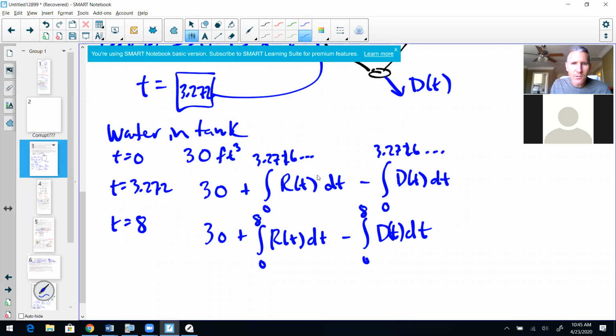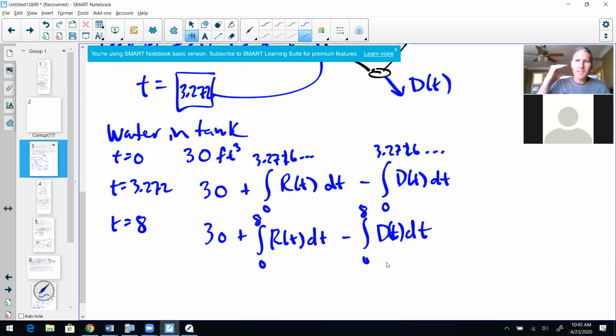This is how much water entered the tank, because R of t is the rate at which water is entering the tank, so the integral from A to B of that is how much water entered on that time interval. And this is how much water drained from the tank. So you find that value and then you find that value.